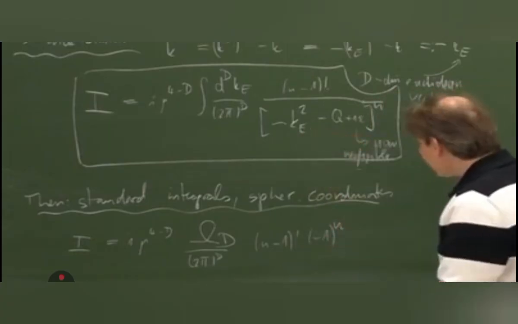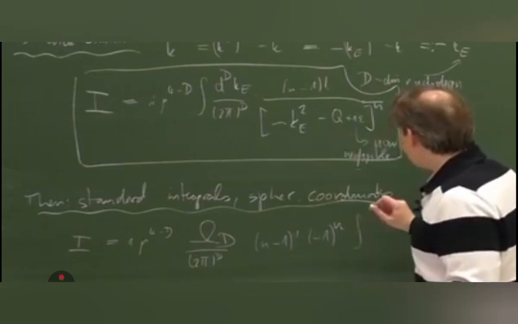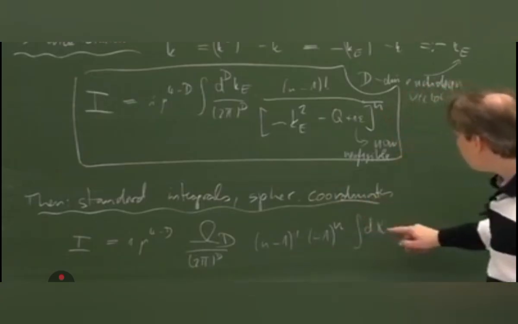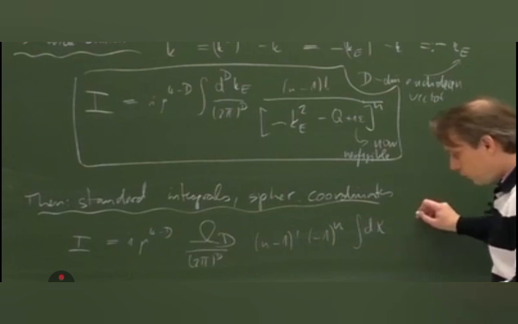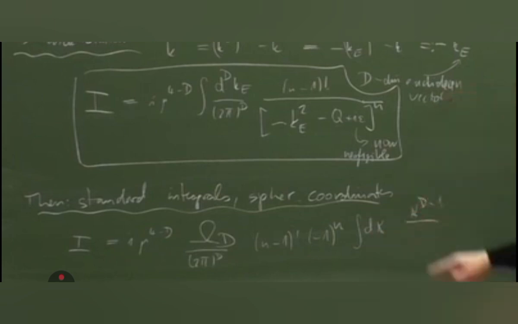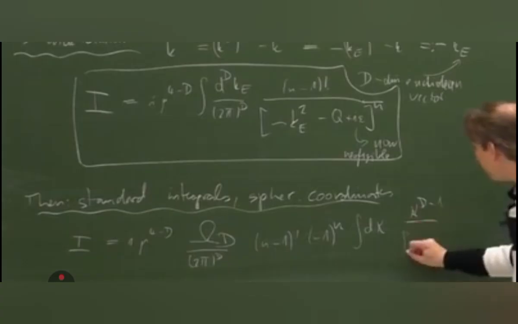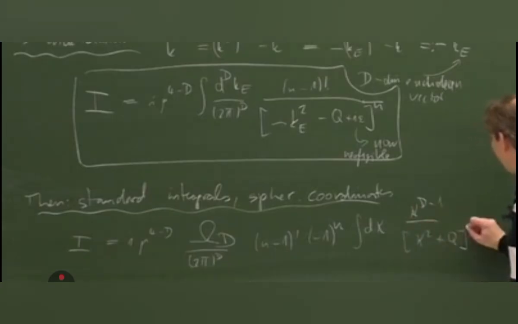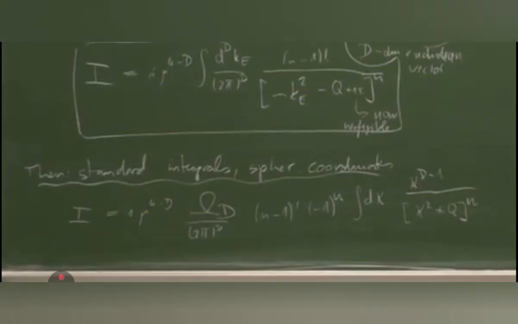And then what remains is only the radial integral, let's call it kappa, d kappa, over kappa to the power d minus 1 from spherical coordinates, divided by the integrand kappa squared plus q to the power n. So kappa is the radial coordinate. And then that is your exercise.